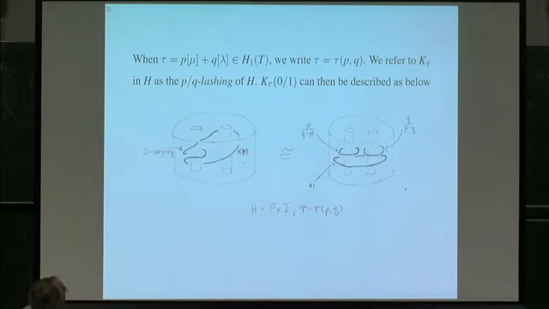So let me be more specific. We have these essential simple closed curves in T, and I can write them as P times mu plus Q times lambda. I'll denote that by tau equal to tau PQ. And then, as Ken was saying, we refer to that knot in H as a PQ lashing.